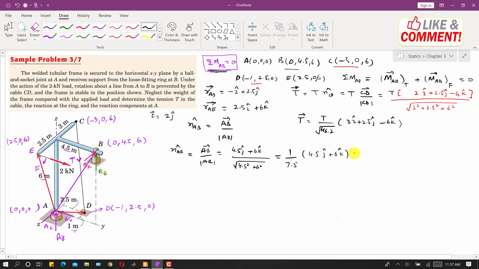And you people will observe that in books they have written this in some other form, right? So if we multiply and divide this by 1 by 5, right? So this will be, let's say, 1 by 5 and 5 divided by 7.5 into 4.5 J plus 6 K. And now if we multiply this fraction inside, we will get that same unit vector as in the book, right?